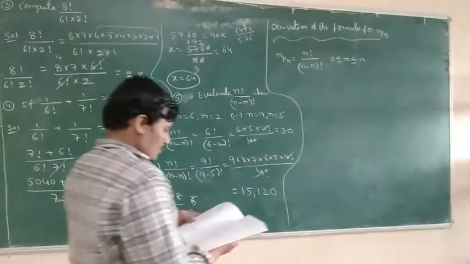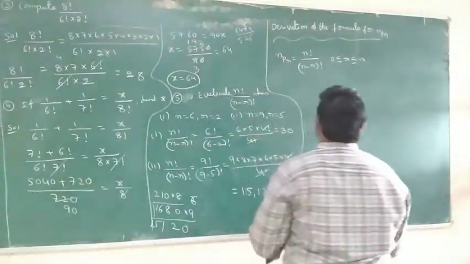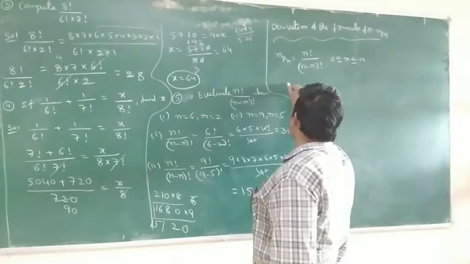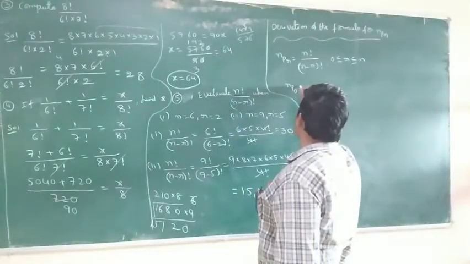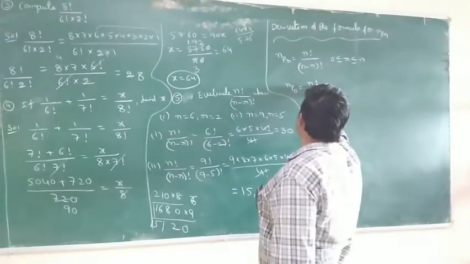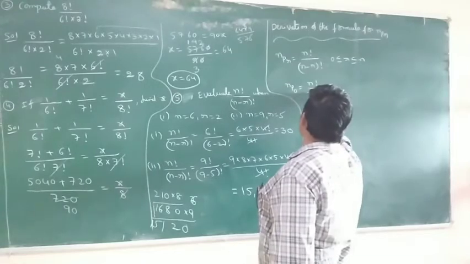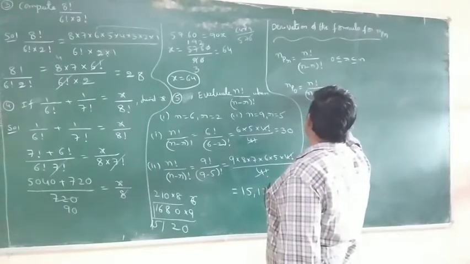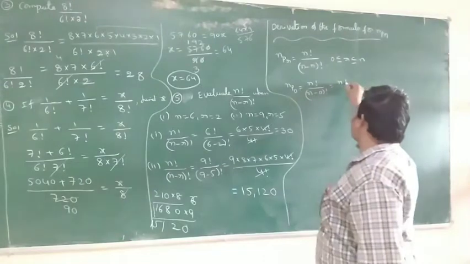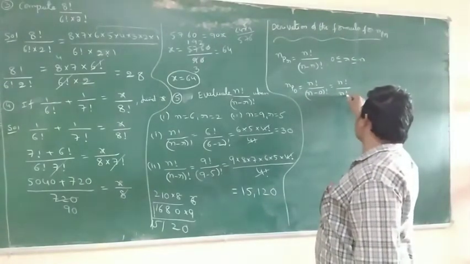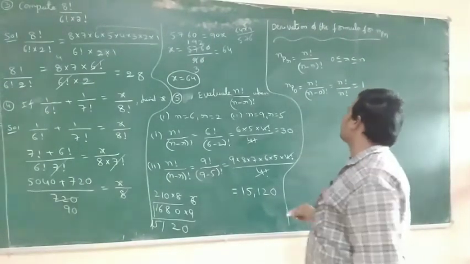Okay, so notations. nP0 is equal to n factorial by n minus 0 factorial. n factorial by n minus 0 factorial is equal to n factorial by n factorial, which is 1.